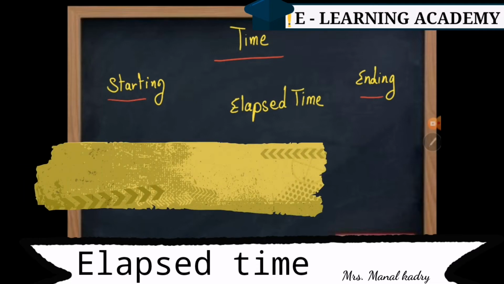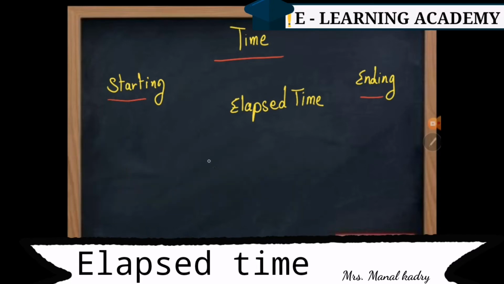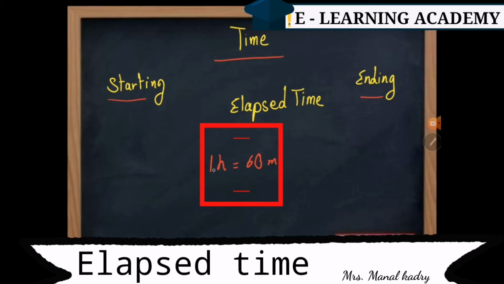The first way is to use normal addition and subtraction with only one rule: each 1 hour equals 60 minutes. I will use this when I borrow from the hours to the minutes. I will borrow 1 hour as 60, not like normal numbers where I borrow from the hundreds and get 10 for the tens.